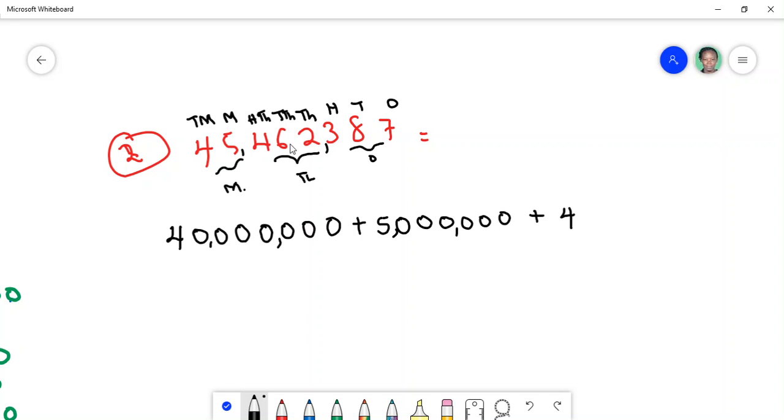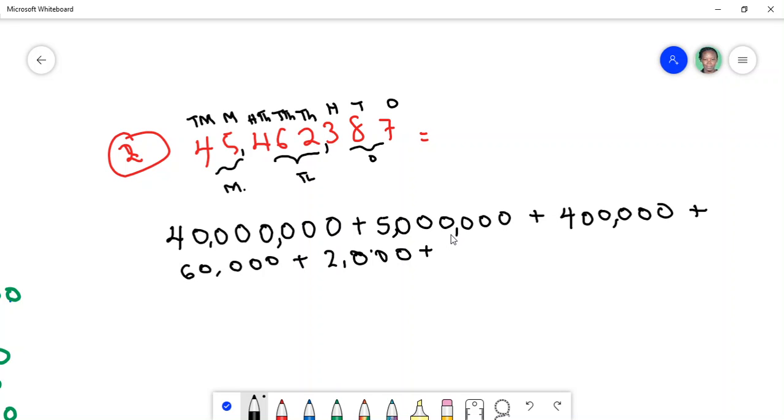It's 100,000. So 1, 2, 3, 4, 5. So you realize that you are in the 400,000s, plus 6 times what? 10,000, which is what? 60,000, plus what? 2,000, plus my next digit is what?